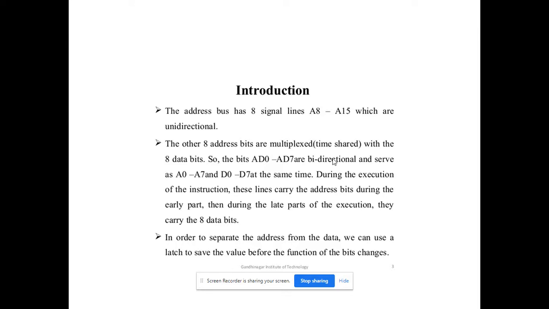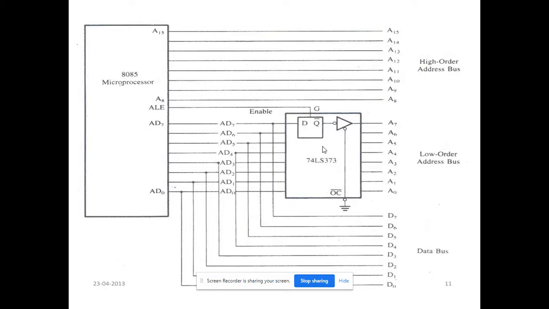In order to separate the address from data, we can use a latch to save the value before the function of the bits changes. Here is the diagram showing how we separate or demultiplex these address and data buses.